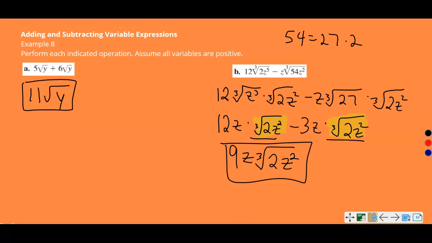So that one is a few more steps. Again, you just have to get familiar with your perfect cubes and how to break these apart and bring them down. But once you get to this part, you're simply adding like terms or subtracting like terms. 12z minus 3z is 9z, and then your like radical just stays the same.